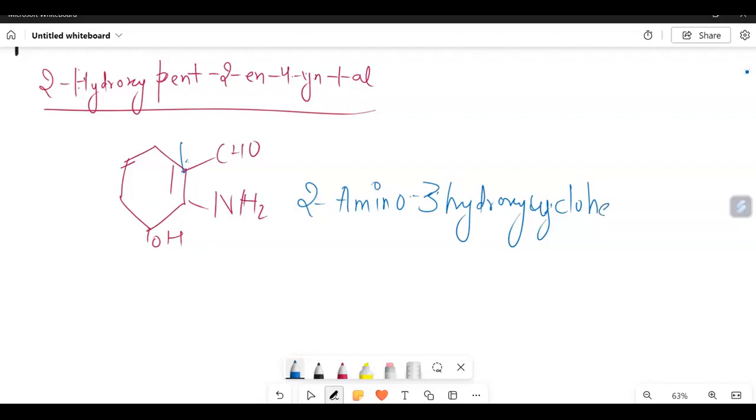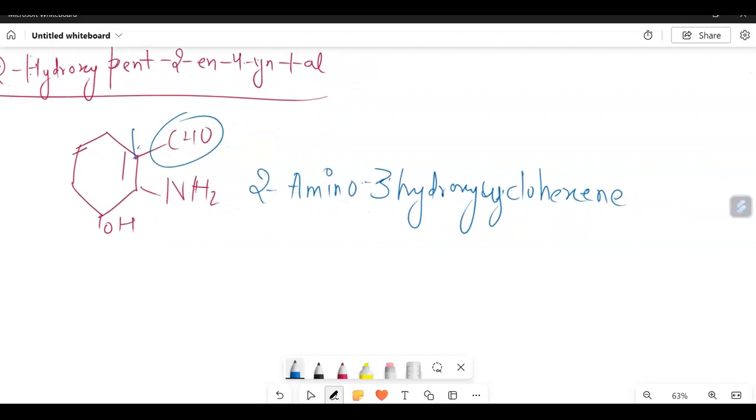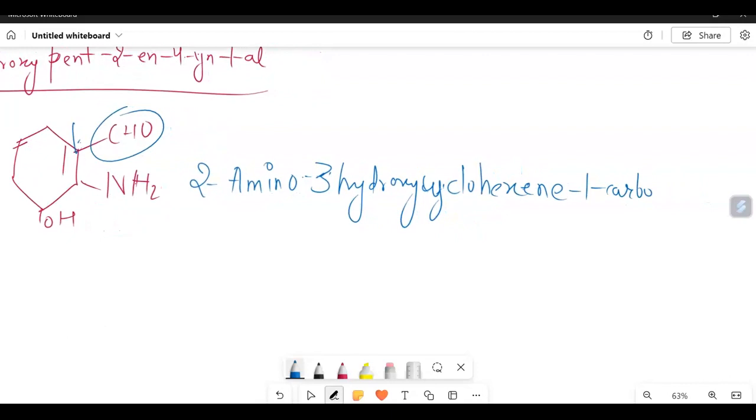So hexene or hex-1-ene, and since we are not counting this CHO in the carbon chain, we can say hex-1-ene-1-carboxaldehyde. This CHO is not in the chain, so we write the full name carboxaldehyde. We cannot write al, we have to write the full name carboxaldehyde.